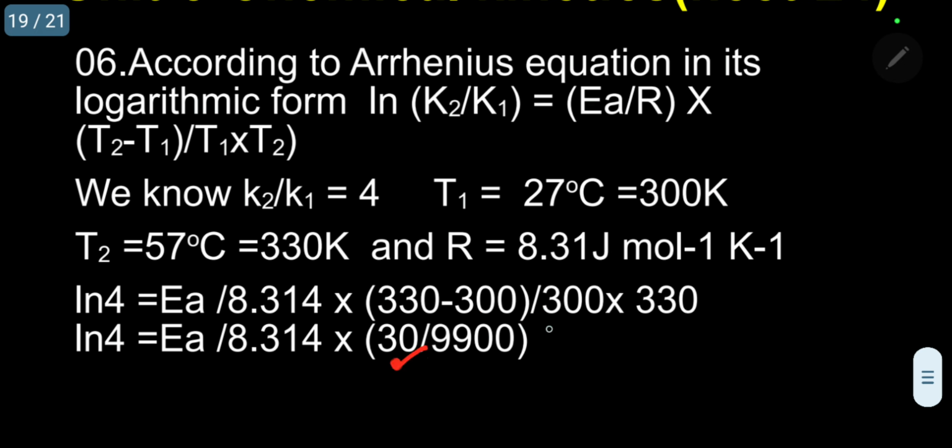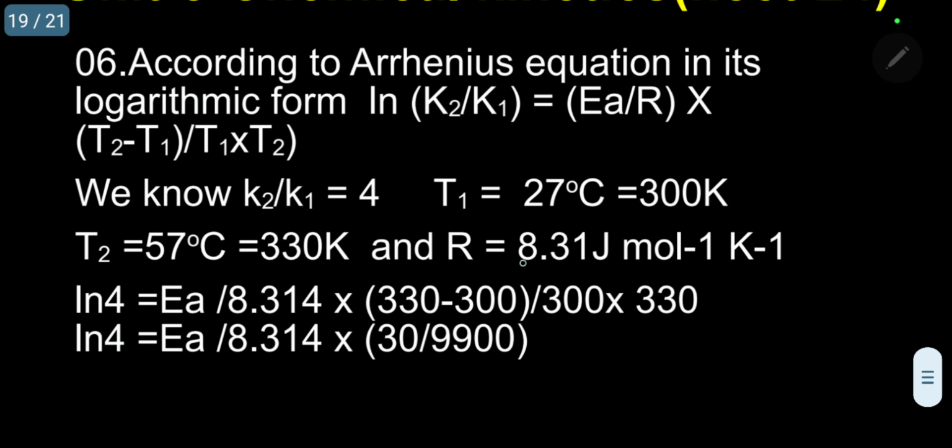Then T1 into T2, 300 into 330, that value is 9900. Now finally you can divide 30 by 9900 and then multiply by 8.314 and ln value, we can get EA.